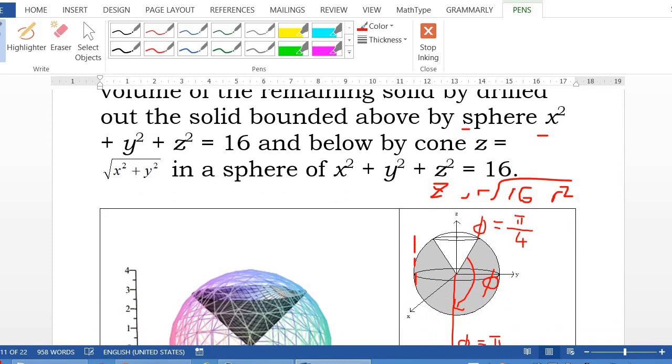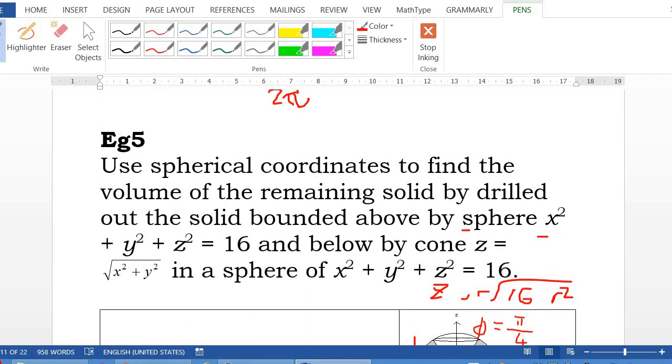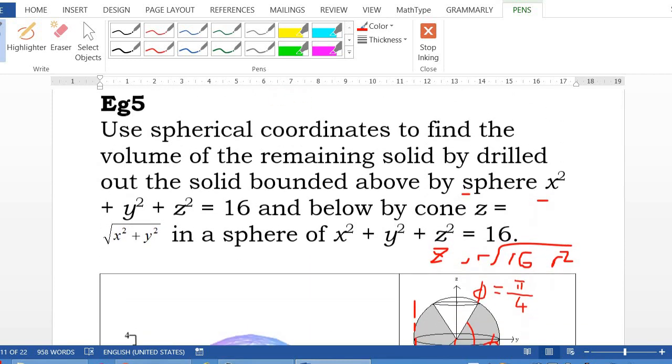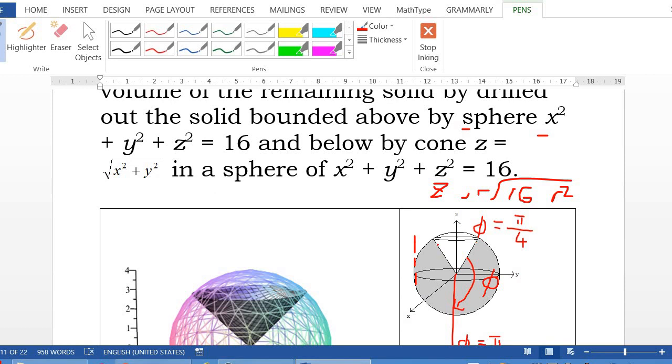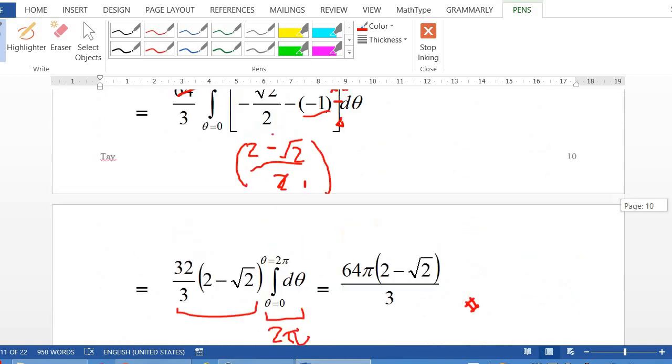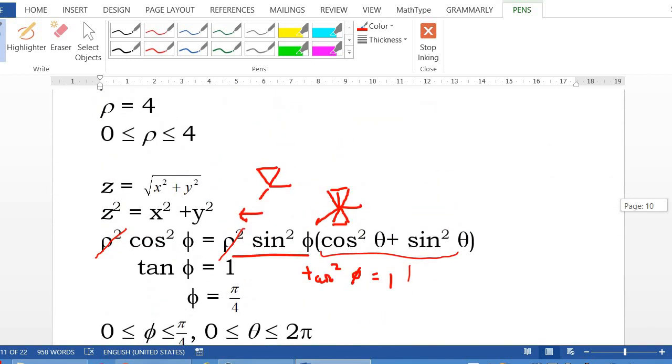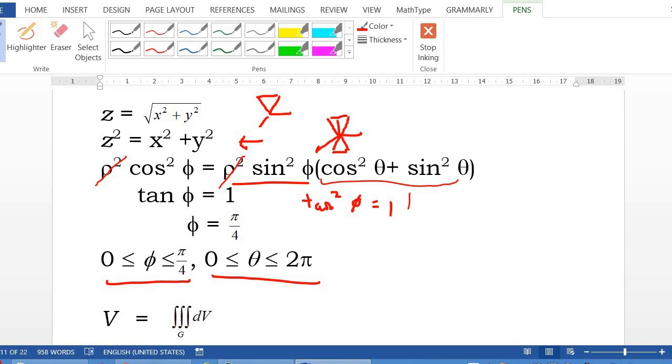In example 4, we found the volume of the ice cream cone, where you solve the cone equation and get phi equal to pi over 4.